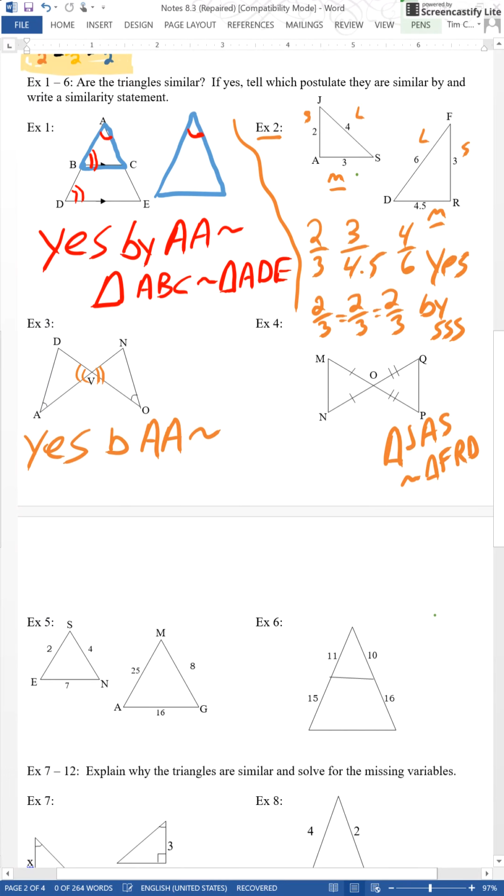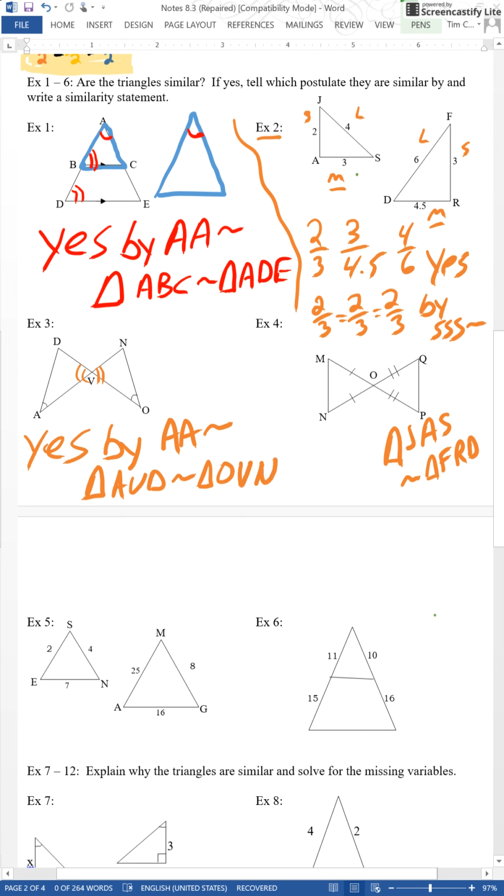Let's erase this one. Yes, by angle similarity. And if we wrote our similarity statement, triangle ABD is similar to triangle OVN.